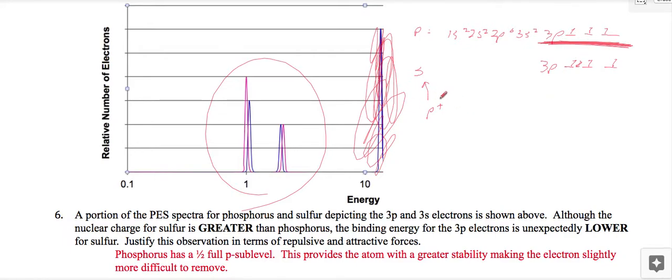It turns out that not only does a full shell make it very unreactive and is a good thing for the electron configuration, but a half-filled electron configuration also is favorable. And so that's why it's a little bit higher for our sulfur than it is for our phosphorus. So there you go. Or excuse me, higher for our phosphorus than our sulfur.